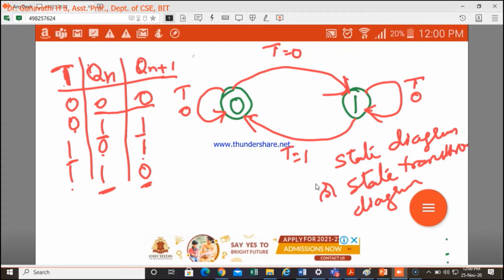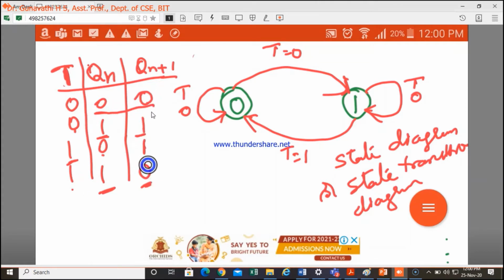Before I go with that excitation table, I just need to tell you a few things. What is an excitation table? Many a times you will be getting confused between the truth table and the excitation table. In a truth table you know the inputs, like 0 0, 0 1, and you compute the output.